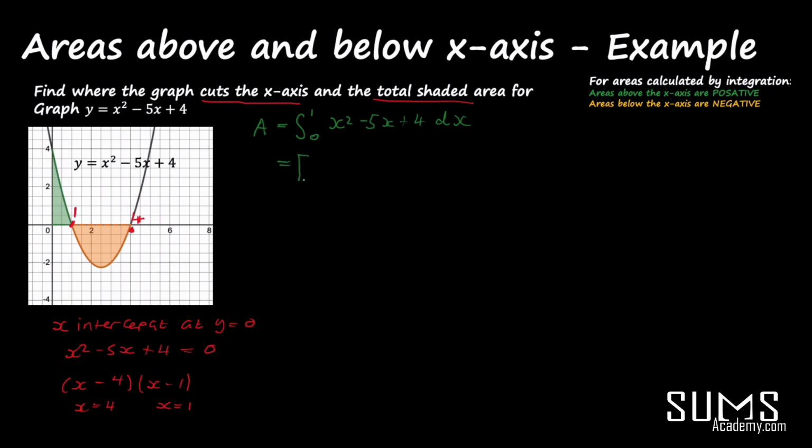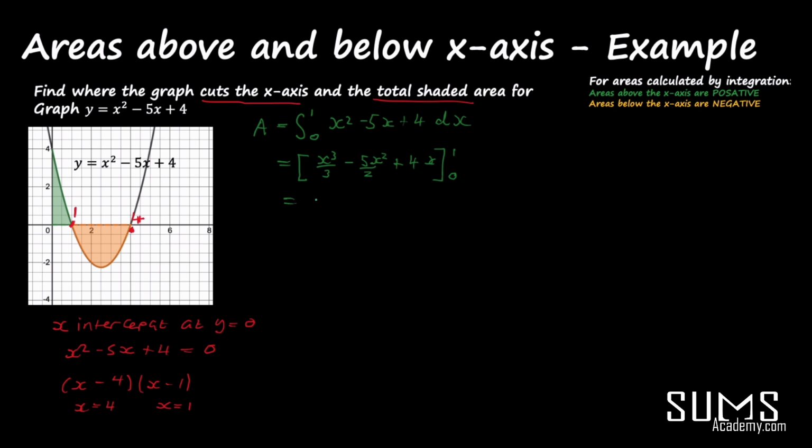So I can just start straight away. It becomes x cubed over 3 minus 5x squared over 2 plus 4x, between 1 and 0. Then I can just start to substitute in my limits.